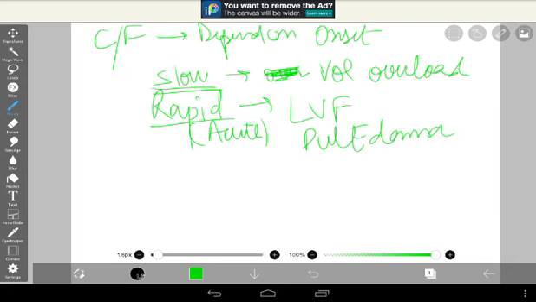Now physical signs occur due to left ventricular dilatation, that is, displacement of the apex of the heart. If we are talking about the physical signs, there will be displacement of the apex of the heart and rapid ventricular filling. Okay, let me summarize all this.